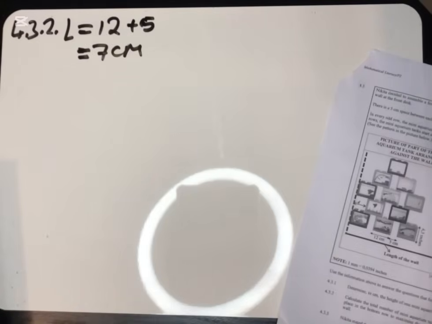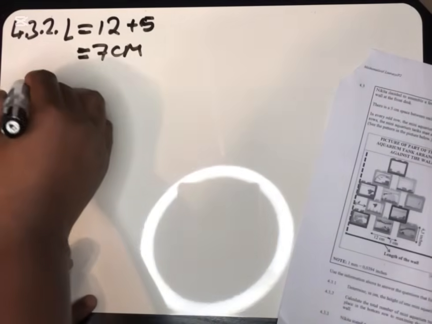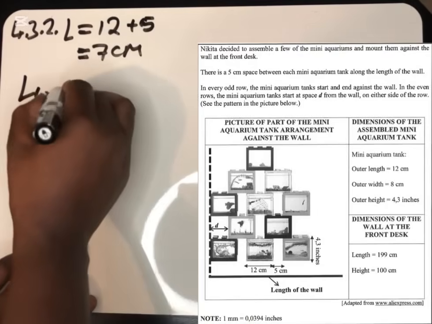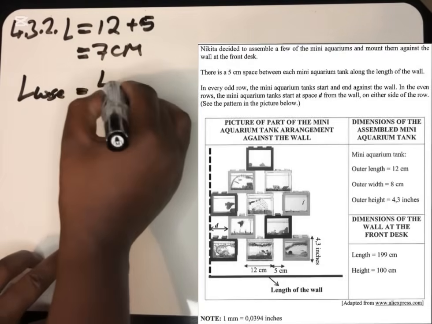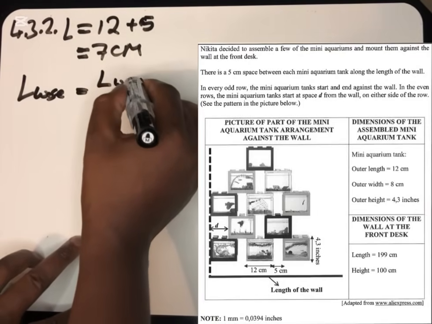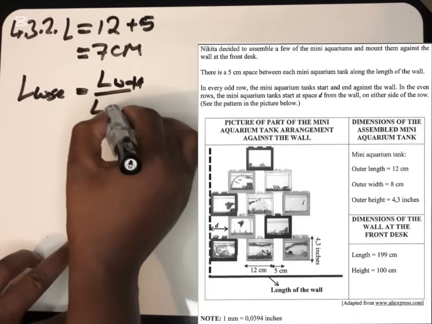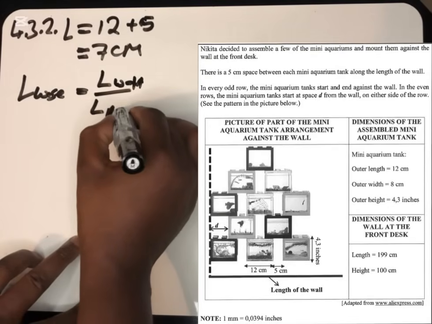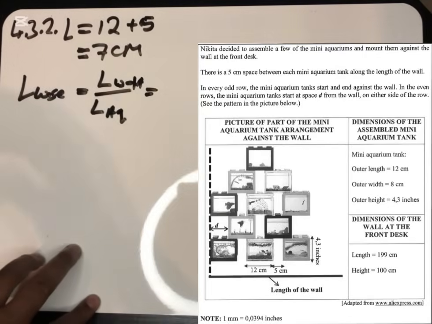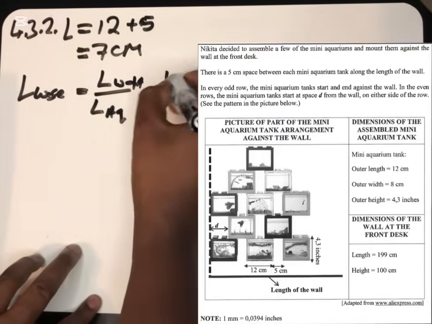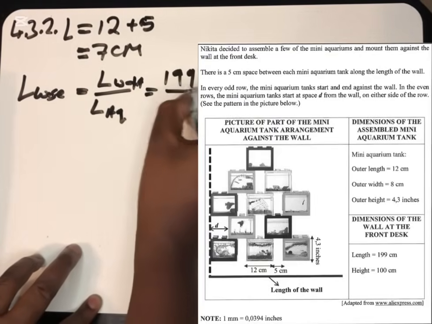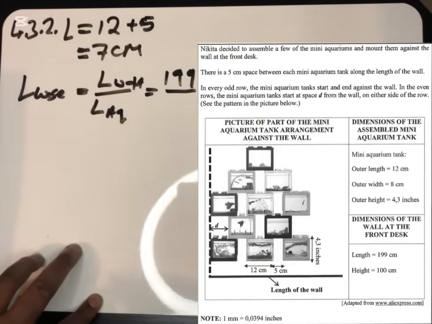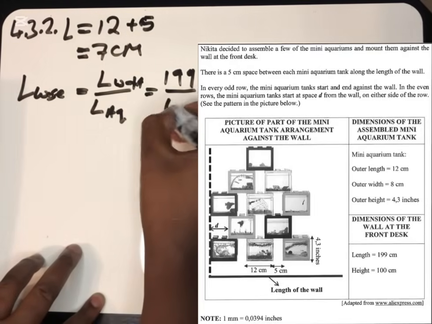So the number lengthwise is going to be the length of the wall divided by the length of this aquarium. The length of the wall is given by 199. For the length of this aquarium, we use the 17 because we have to add that space.